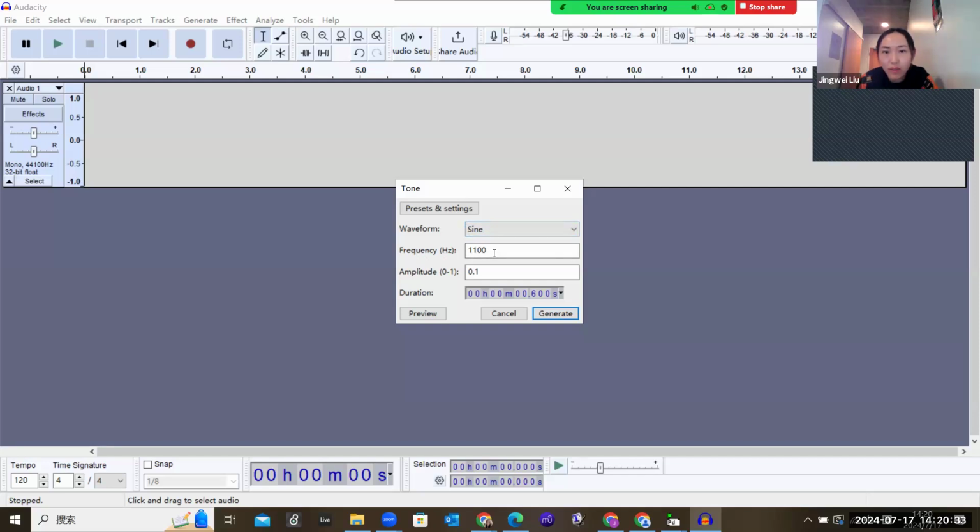You can choose the frequency, let's say we want the frequency of 440. Okay, so it's A4. And amplitude, maybe 0.8. And duration, in seconds. We want to generate maybe 0.6 seconds, which is enough.